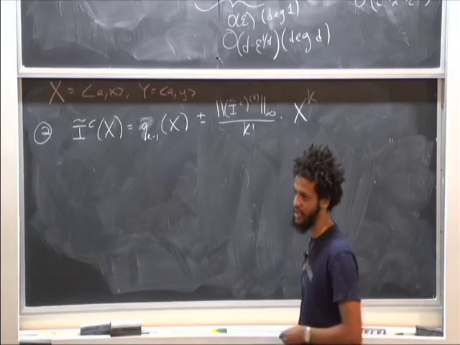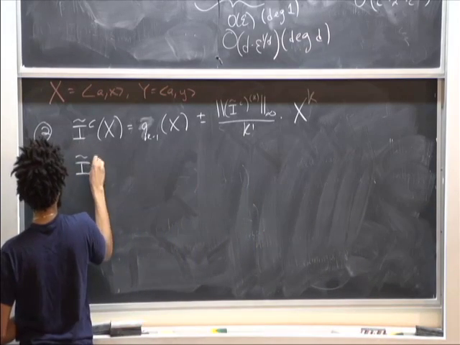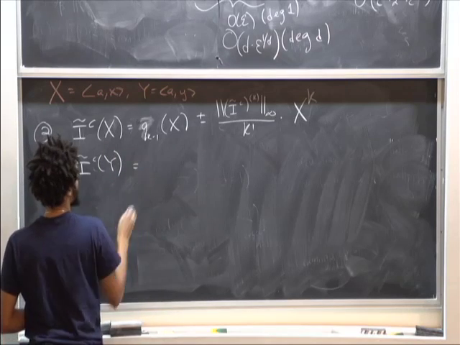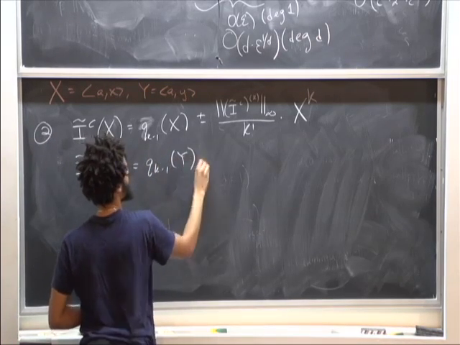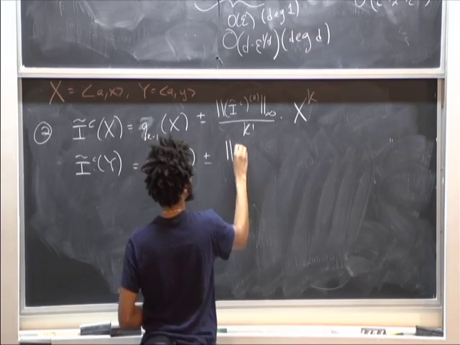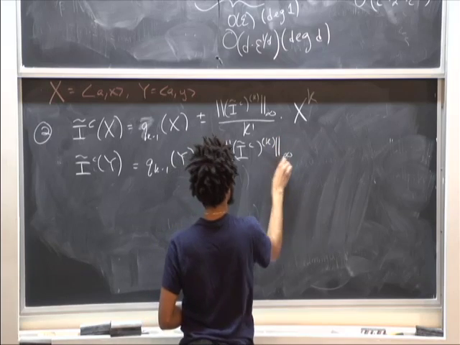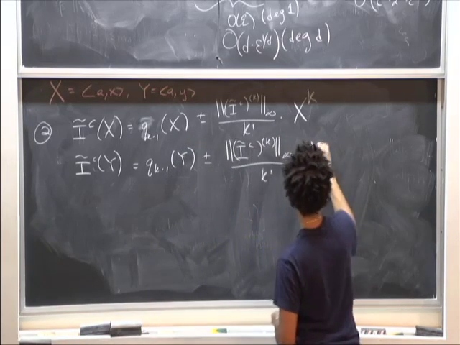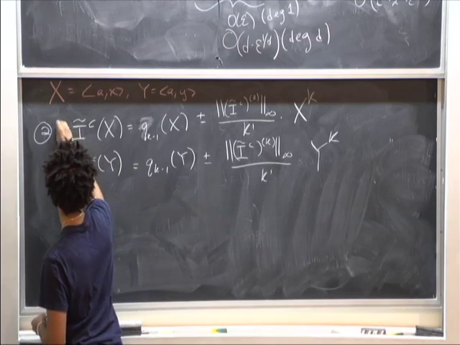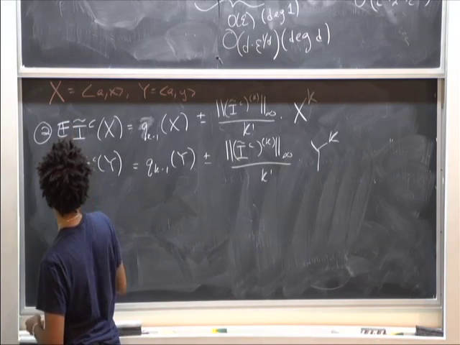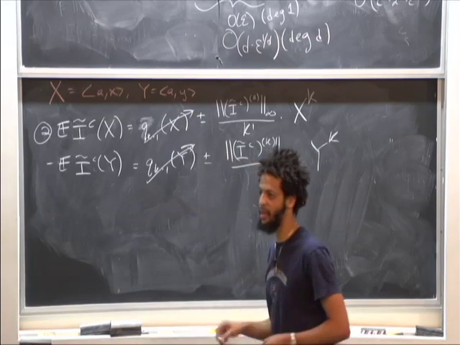And let's say k is even, so I don't need an absolute value. And similarly, I tilde c of y is equal to qk minus 1 of y plus or minus I tilde c k infinity over k factorial times y to the k. And then when I take the expectations and take the difference, that cancels because these are equal under k-wise independence.